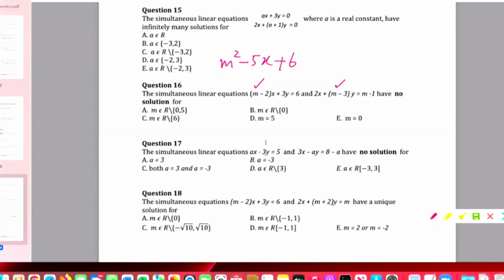Then you have to minus this one with this one, which is 6. So life is easy. m squared minus 5m is equal to 0. So m is equal to 0 and 5 here.